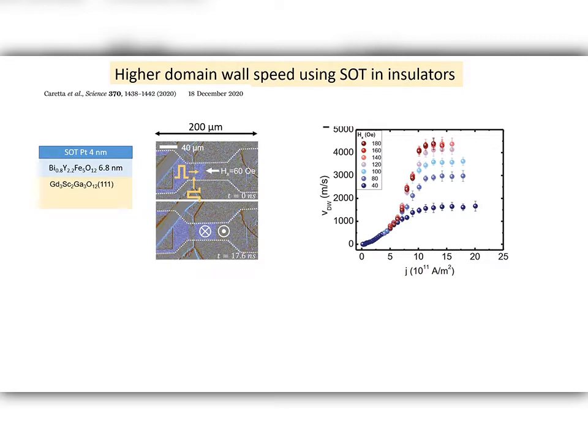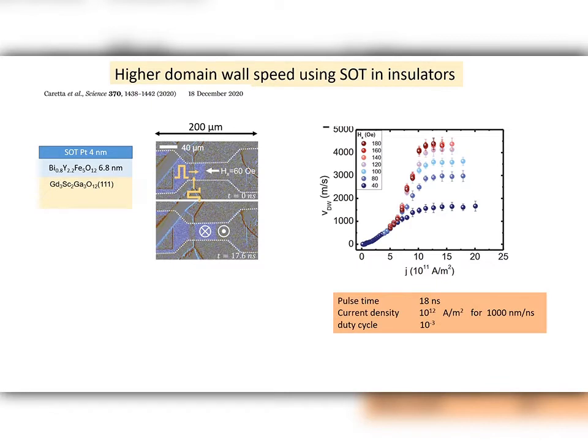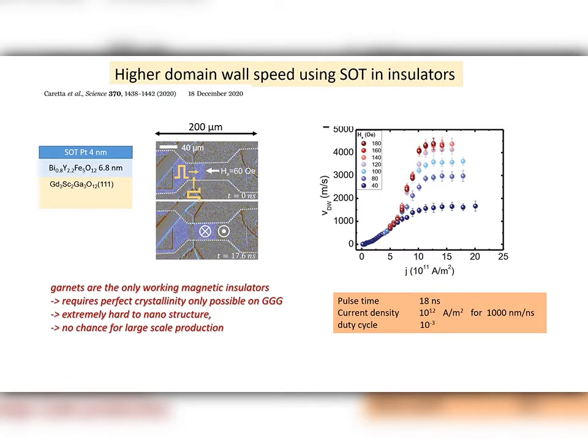This performs, in my opinion, much better, but the drawback is that garnets are at the moment the only well-working magnetic insulators. They require perfect crystallinity, only possible on GGG. They are extremely hard to nanostructure, and in my opinion, there is no chance, at least at the moment, for large scale production. So this is a model system only.